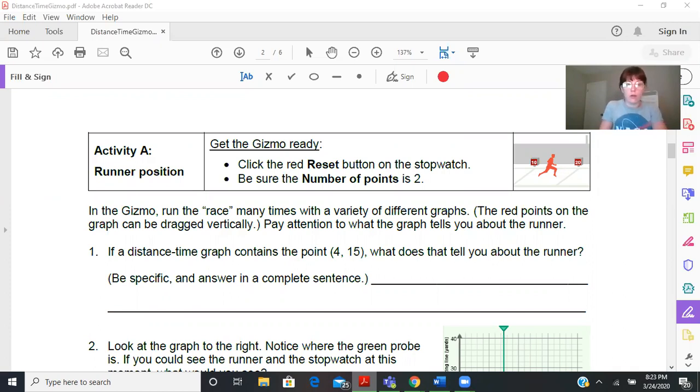For now, I want you guys to pay attention just to the coordinates here.